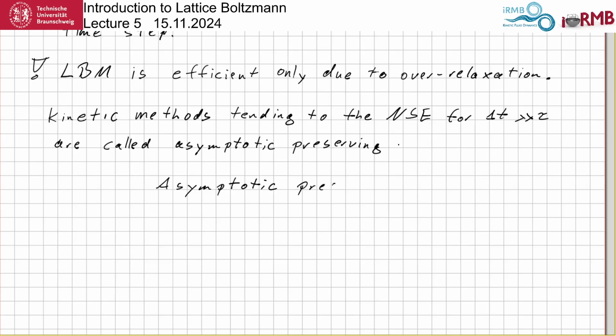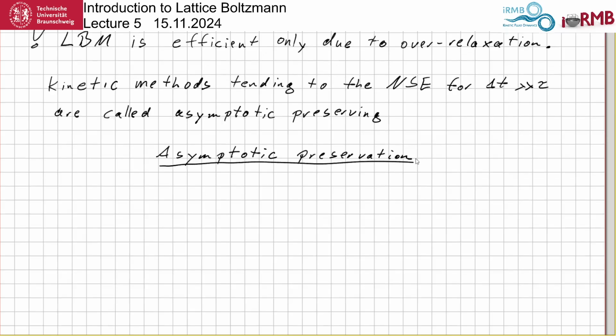There are also other things that are asymptotically preserving. It's not necessarily something that only applies to the Lattice Boltzmann method and other kinetic methods. The idea is the following: we have the possibility to first discretize something.